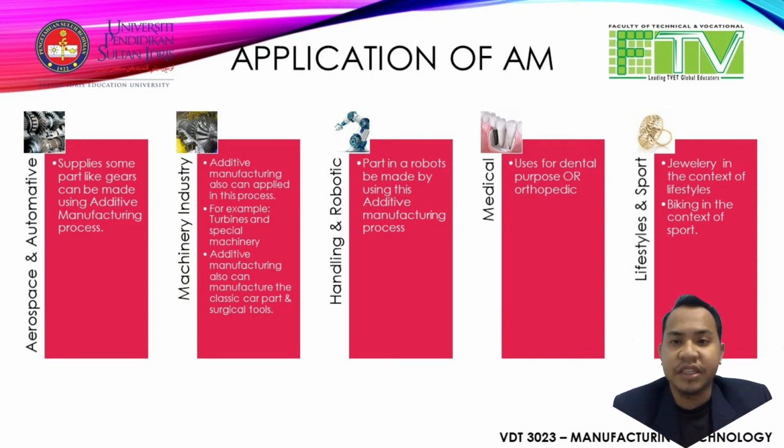Second, it applies in the machinery industry, for example turbines and special machinery, and also in classic car parts. Third, it also applies in handling and robotics, where some parts in robots are made using AM, and also in medical tools and purposes. AM is also applied in jewelry and biking parts.